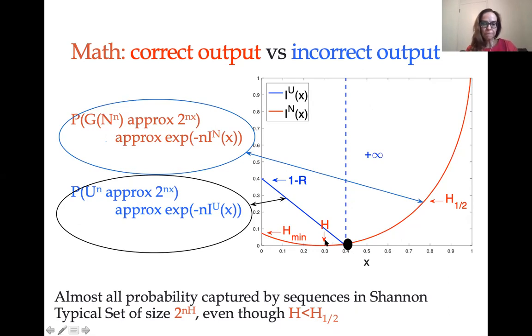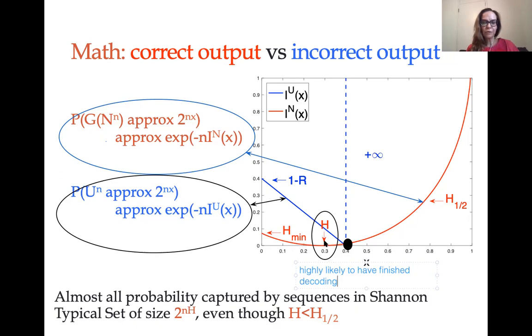So what is the trick? The trick is that here, which is what's at H, where the typical set is happening, is where I'm highly likely to have finished decoding.